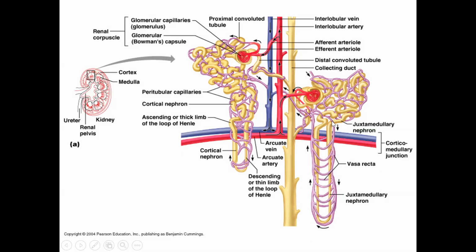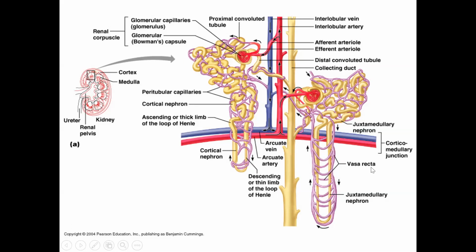And then you go down as the loop of Henle and come back, and then it's the DCT, connected to the collecting duct. The capillaries around the loop of Henle we call the vasa recta.